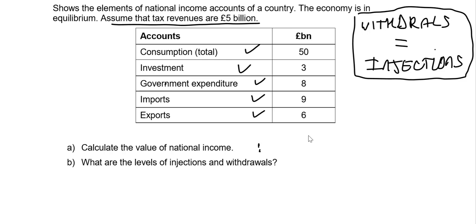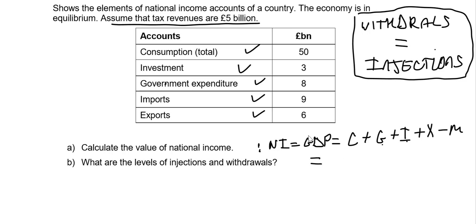So the value of national income, if you remember, NI, which is basically GDP, equals consumption by households plus government investment, plus private sector investment, plus exports minus imports. Right, so just plug in the numbers.